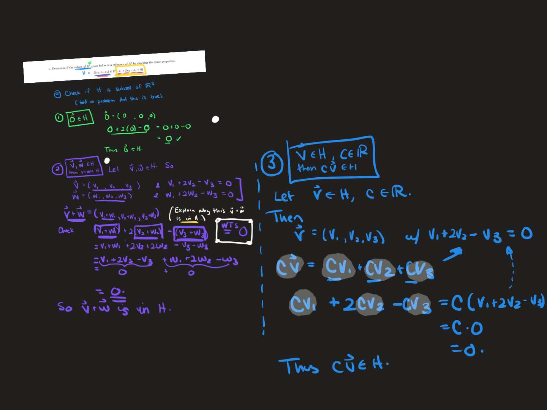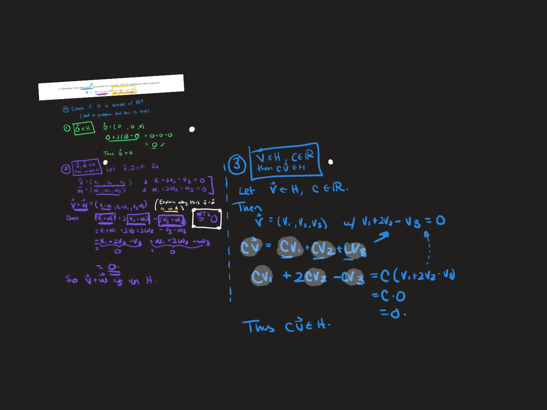For any two things in the set, the sum was in the set. And for anything in the set, a scalar multiple is also in the set. Therefore, I can conclude that H is a subspace of R3 because it satisfied each of those properties.